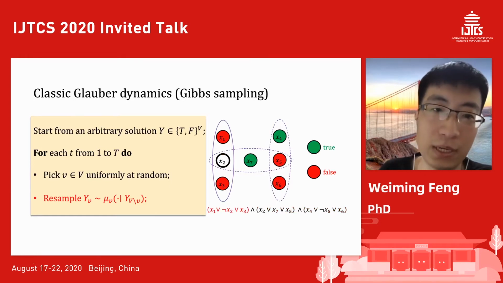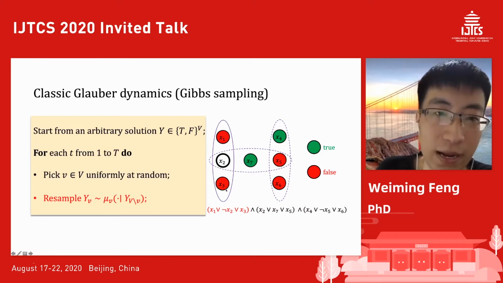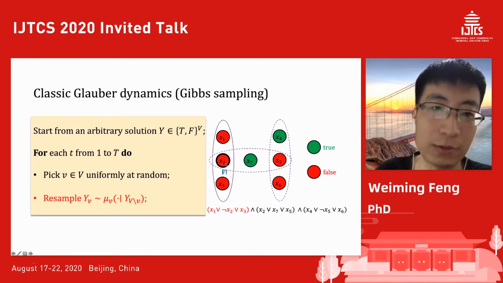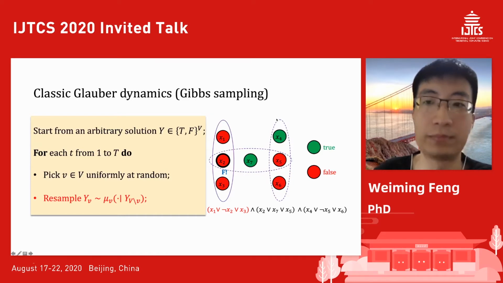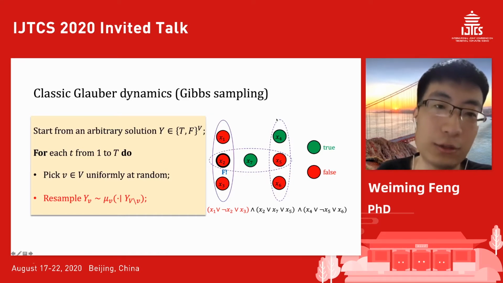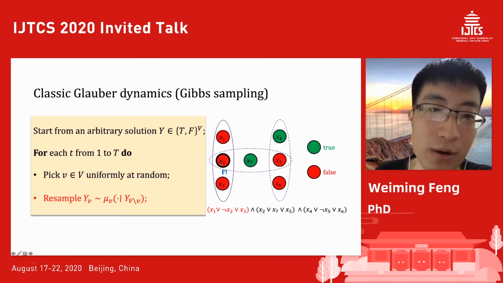However, if we pick the variable x2, then to satisfy the first clause, the value of x2 must be set to false, because x1 and x3 cannot satisfy the first clause. In this situation, we choose the variable, but we cannot change its value. This issue will cause a big problem in sampling CNF solutions.